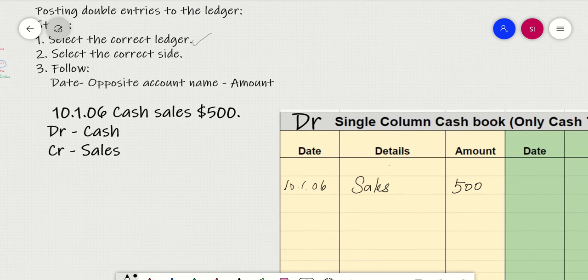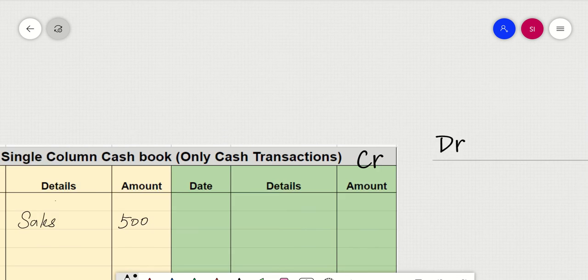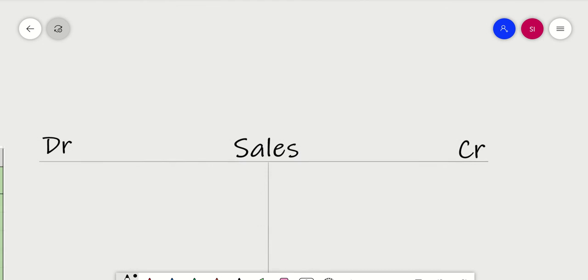Now, did I follow these steps? Did I write the date? Did I write opposite account name and then the amount? And I chose the correct side of the account. Now, the same applies when you're entering this in the sales account. So, you enter it on the credit side. It occurred on 10th of Jan 2006. My opposite account's name is cash and the amount is 500.